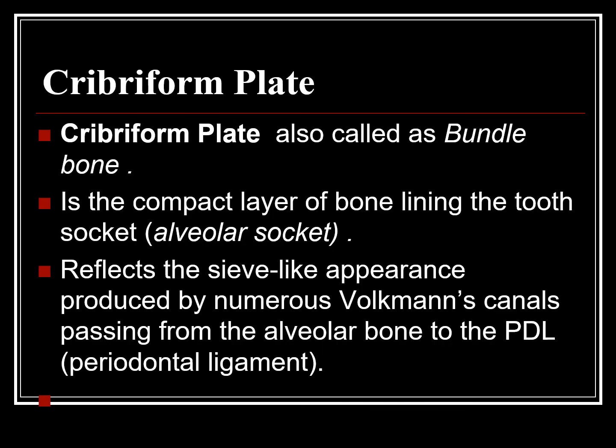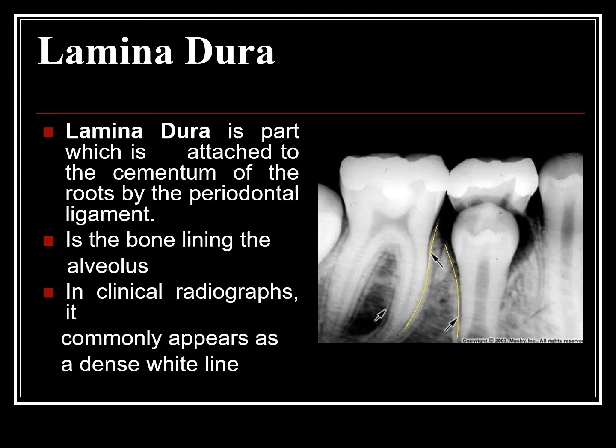Cribriform plate. Cribriform plate is also called bundle bone. It is the compact layer of bone lining the tooth socket. It reflects the sieve-like appearance produced by numerous Volkmann canals passing from the alveolar bone to the periodontal ligament. Lamina dura. Lamina dura is a part which is attached to the cementum of the roots by the periodontal ligament.